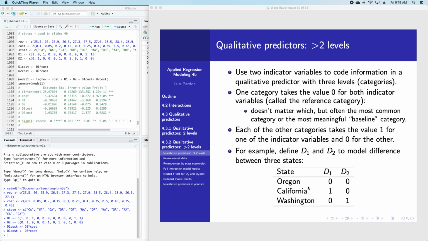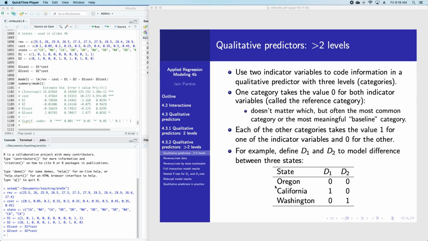Once we've decided which is our reference level, we create the indicator variables as follows. I've got two indicator variables because I've got three levels. I've picked my reference level, which is Oregon, and the reference level has zeros for the two indicator variables: 0 for D1 and 0 for D2.